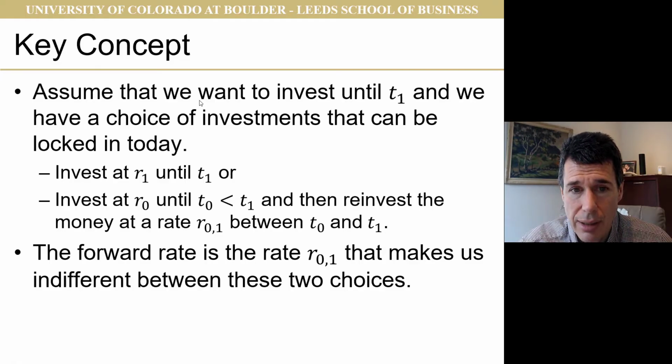And importantly, we're agreeing these investments today, so we're not waiting until time T0 to reinvest. We're basically saying, let's go to the bank, but we're not going to invest money today. We'd like to invest money starting in, let's say, 3 months and going for another 3 months. Now, the forward rate is the rate that makes us indifferent between these two choices.